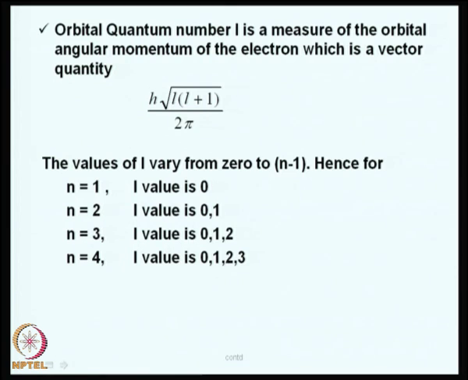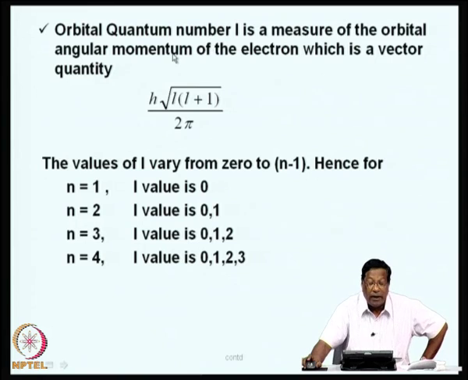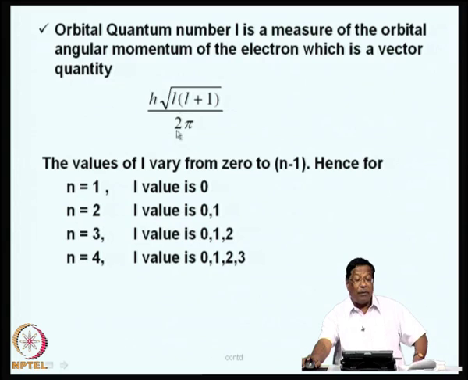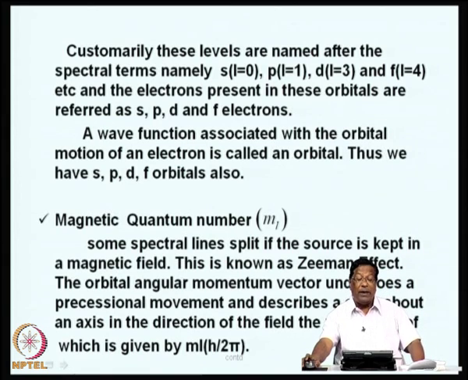So, the orbital quantum number is another one associated with orbital angular momentum of the electron, which is a vector quantity given by h into square root of L into L plus 1 upon 2 pi. The values of L vary from 0 to n minus 1, and n is equal to 1 corresponds to L is equal to 0, and n is equal to 2 corresponds to 0 and 1 etc. And so, for each shell customarily these levels are named after the spectral terms.